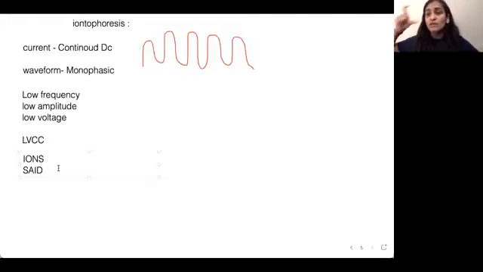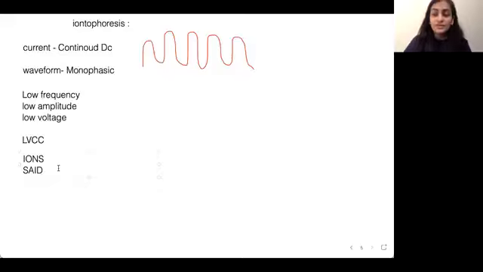So if I'm using any of the SED ions, what is the electrode that I need to use? Should I use a cathode or an anode? I use a cathode. Whenever I want to deliver my SED ions inside that particular area, you have to use a cathode. What about the other ions that we did, which were not the SED ions? What is the electrode that we use with them?